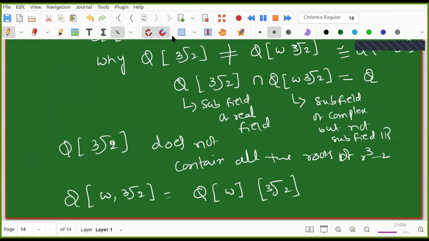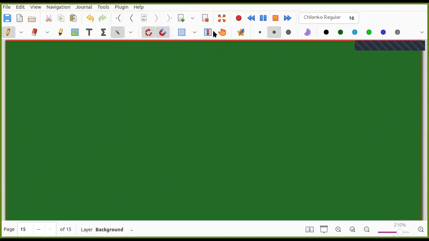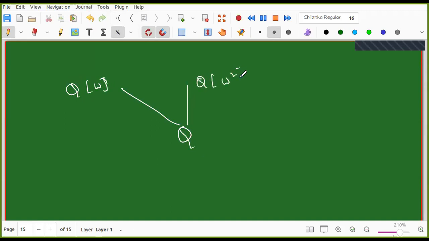So what is actually going on here? This example may help you later. So we have Q, we have a degree 2 extension Q(omega), and Q(cube root of 2). Here the degree of extension is 2, here the degree of extension is 3. These two are equal.